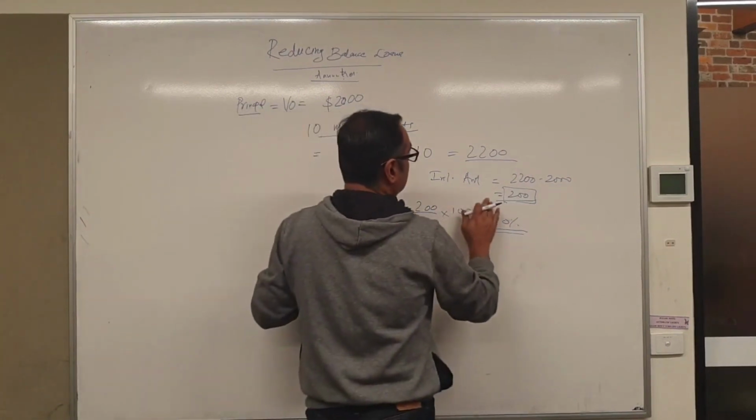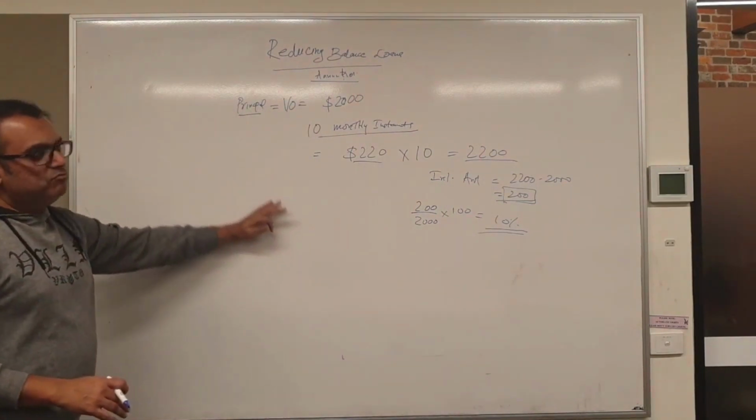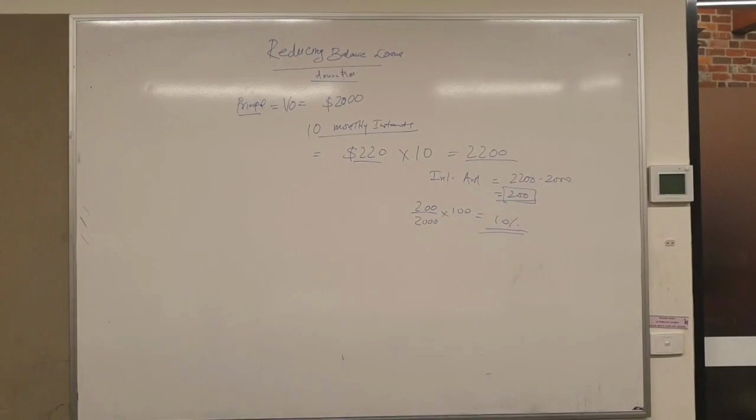Now, let's try the same example. Probably take a different figure because we'll have calculations handy in the book. And try to understand how reducing balance is working. Shall I take this off the board?